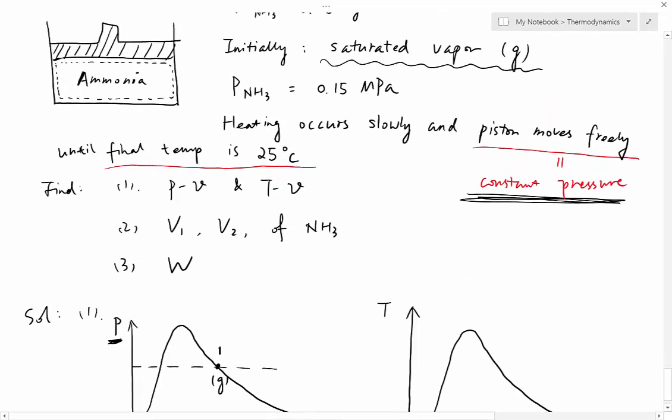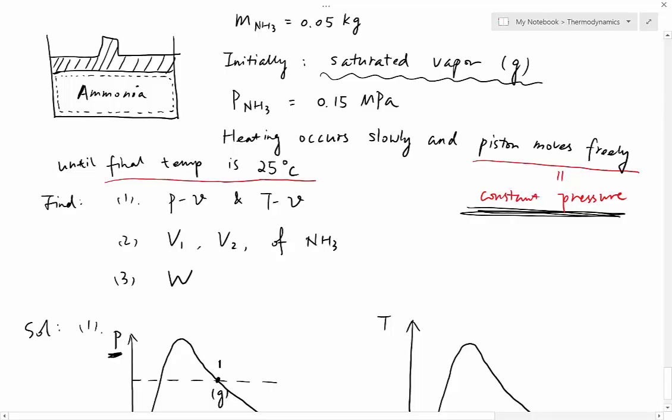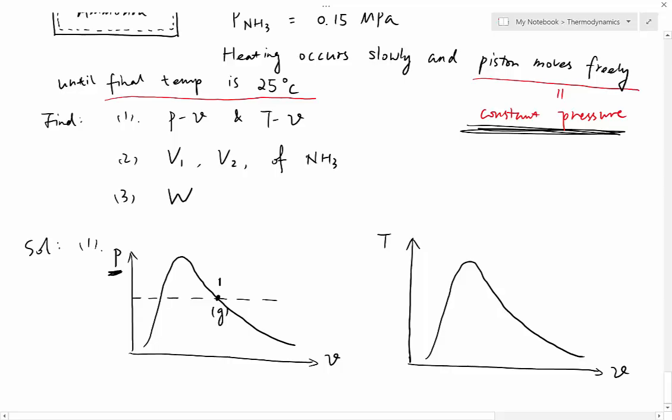Next one, 1 to 2. What happens between 1 and 2? Heating occurs slowly. If you heat up saturated vapor, how does the specific volume nu change? What is the definition of nu? Volume over mass. Does the mass of the ammonia change? Mass doesn't change.